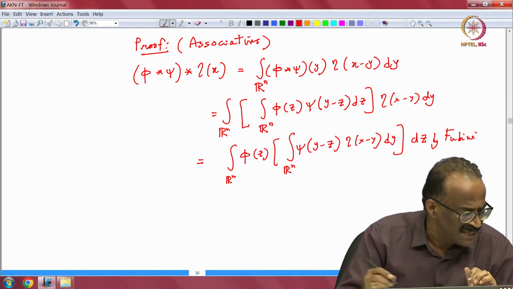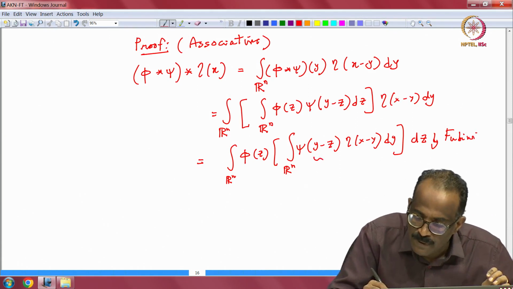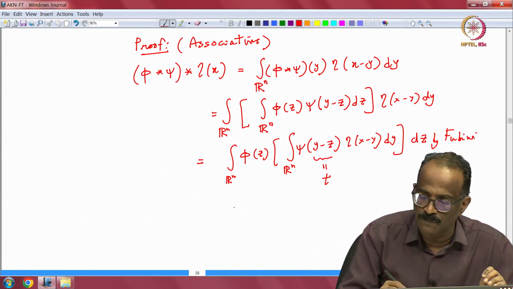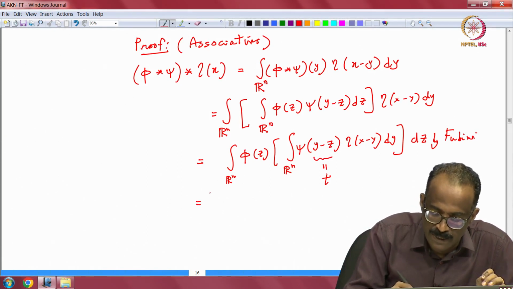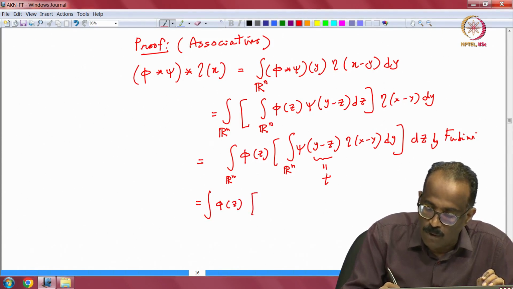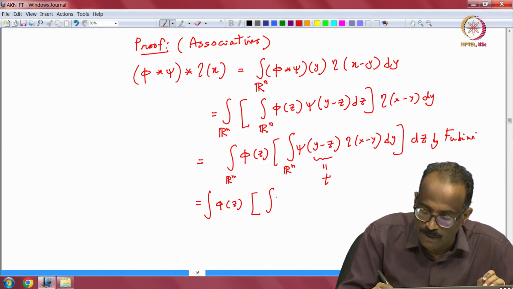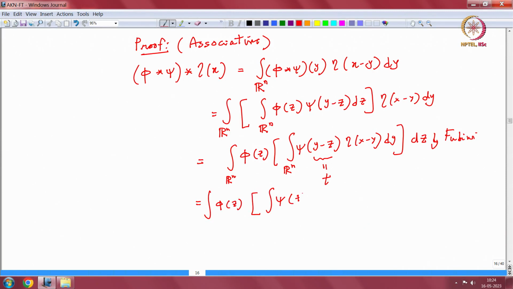Now, make a small change of variable: define y minus z equal to t, then substitute for y. That gives the integral over Rn of phi of z, times the integral over Rn of psi of t eta of x minus z minus t dt, dz.